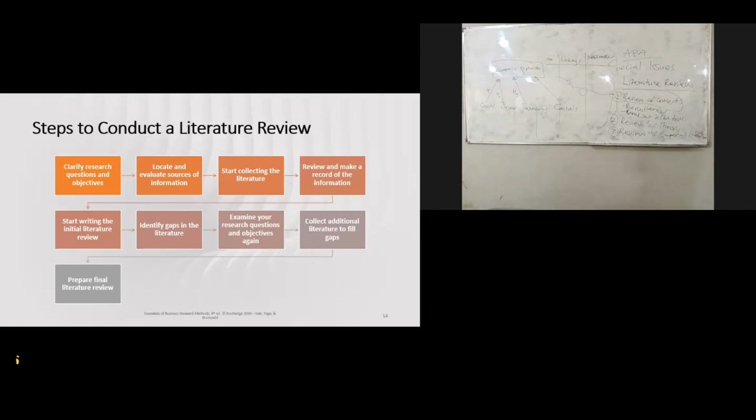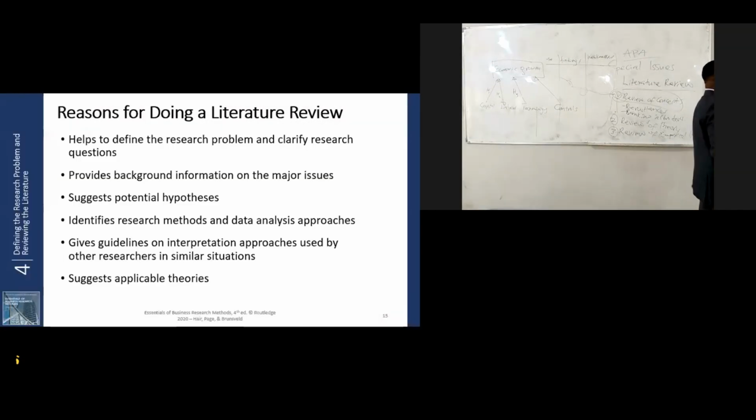Why do we do literature review? What are some of the reasons? One, it will help you to define the research problem and to clarify the research questions. It will give you background information on major issues at hand. It will suggest areas of hypothesis that you can test. It will help you identify the research methods.